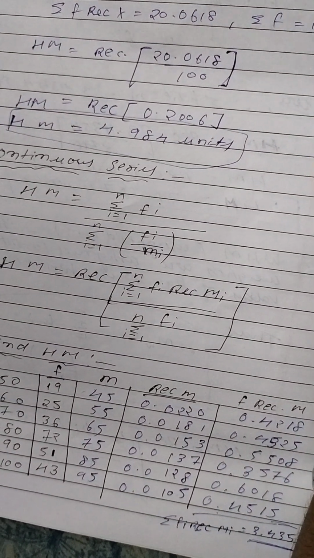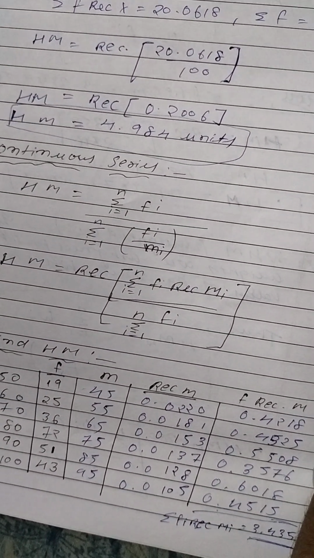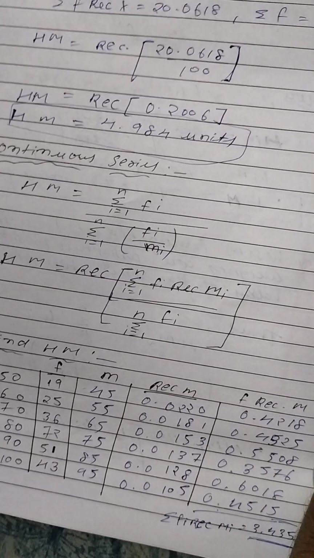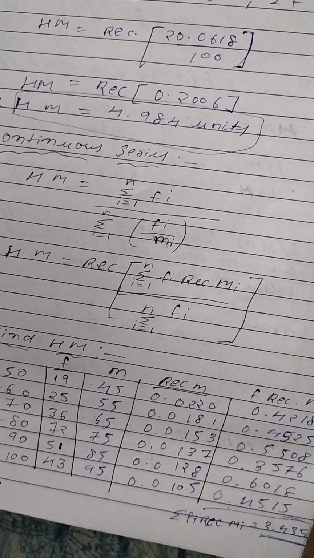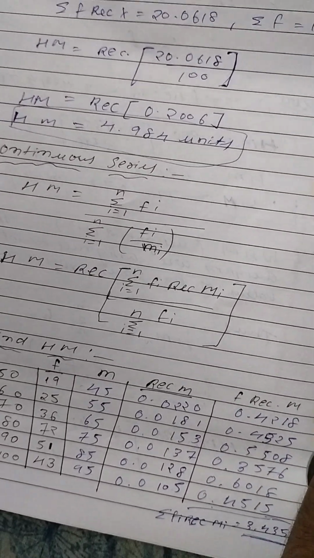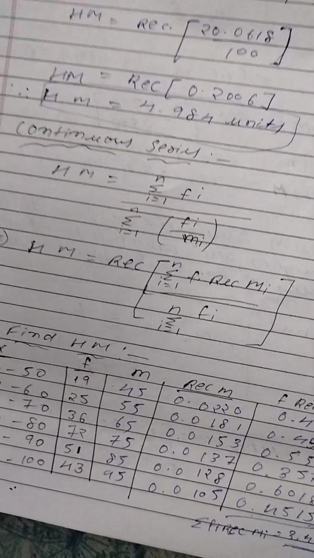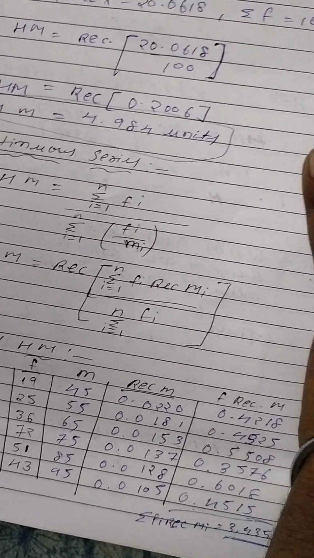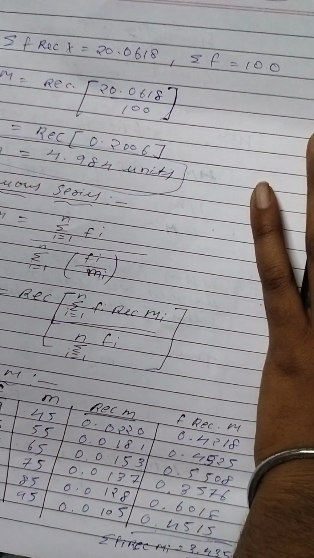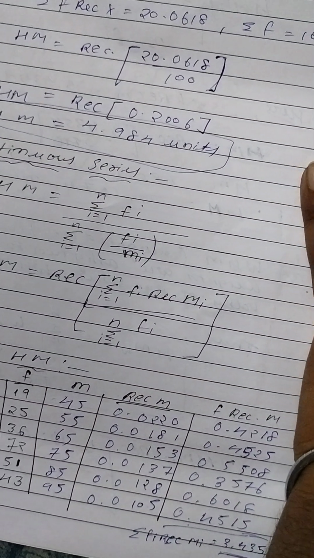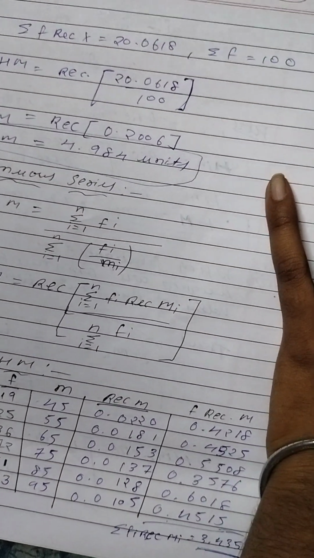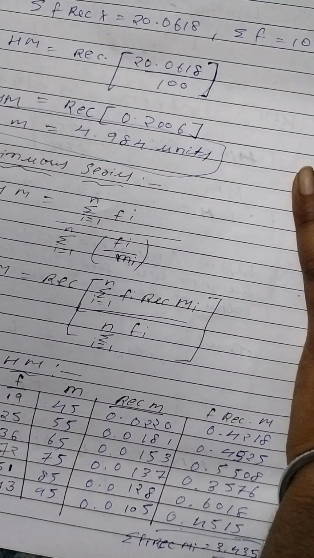First you have to calculate the reciprocal of m, because the f we will take as normal, and in further questions also we don't have to do anything with the frequency. All the calculations happen on the observations, whether you are turning them into the mid value or doing any other kind of calculation, it is based on that only.